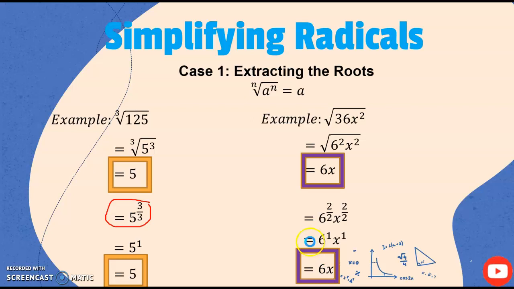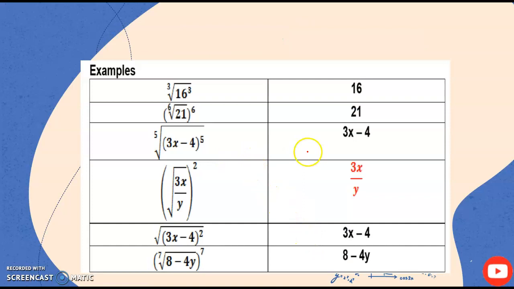Okay, so the following examples contain the same process as the previous examples that I gave you. What happens is you're just going to cancel the radical sign and the exponent. So you have 16. You cancel.